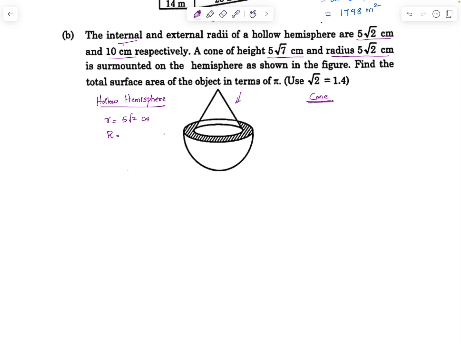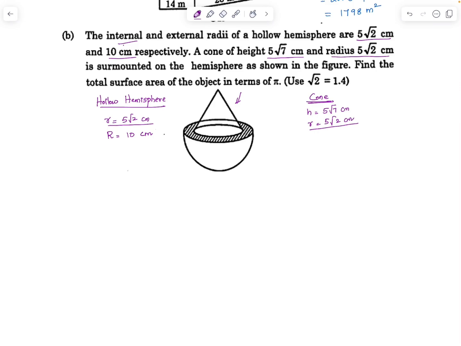Let that be represented by capital R. Then for the cone, the height is given as 5 root 7 centimeter and the radius is 5 root 2 centimeter. Since the base radius of the cone and the internal radius is same, I am using the same letter to represent both of them.